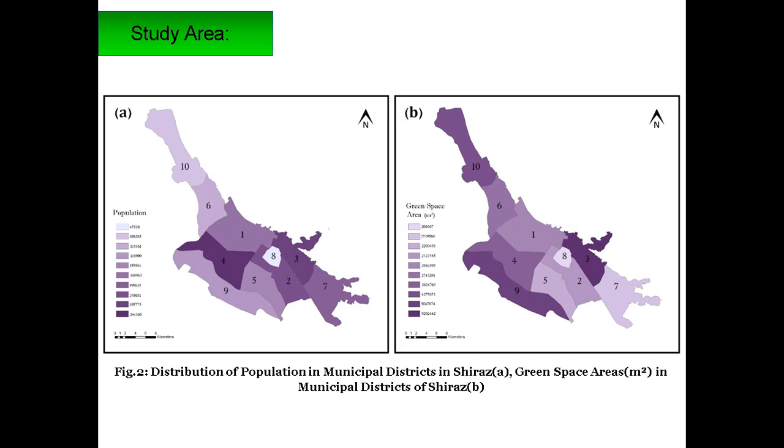As you can see, the second, third, fourth, and seventh districts are most populated, and on the other hand, the third, sixth, ninth, and 10th districts have the highest percentage of green spaces per capita compared to others. Considering these differences makes us able to realize the correlation between greenery and the distribution of UHIs in a city.